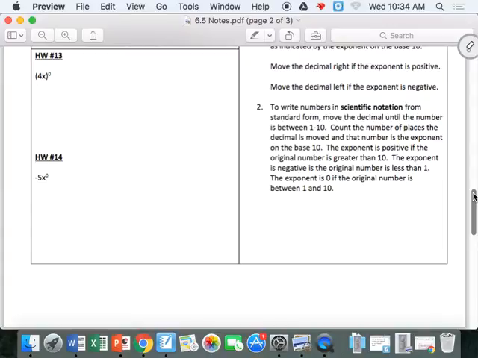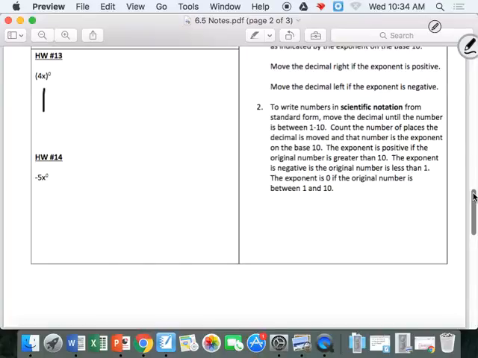All right, on number 13. What is raised to the 0 power? The x and the 4. So there's a 4. The answer is 1, because anything to a 0 power is always 1. Now, on number 14, what is raised to a 0 power?